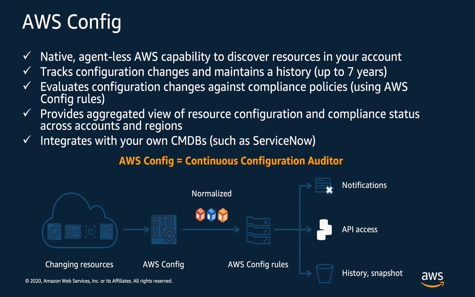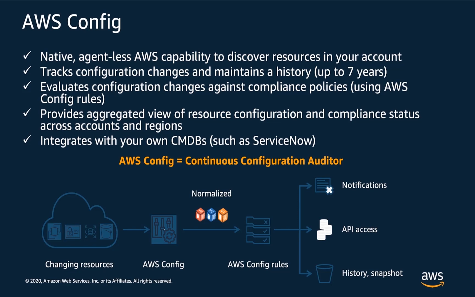From a configuration compliance standpoint, Config gives you the ability to define policies with config rules and evaluate resources against these policies either periodically or based on configuration change. So config rules come as managed config rules out of the box, and then you can create your own custom config rules as well. Config also alerts you in real time about configuration and compliance changes, so you can take corrective action, and we'll talk about that.